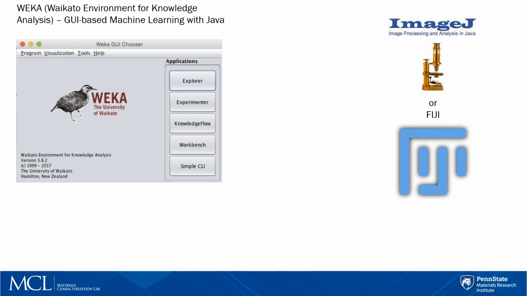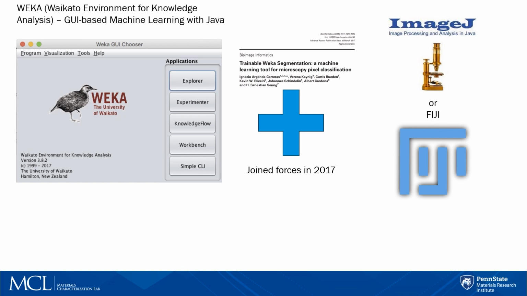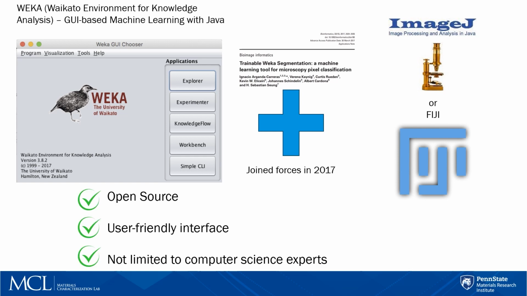And in 2017, these two programs, the machine learning of WEKA and the image analysis of ImageJ, were combined to make a very user-friendly interface that's open source. And you really don't have to be an expert in computer science to apply the tools that are built into WEKA to then perform image analysis on your samples.